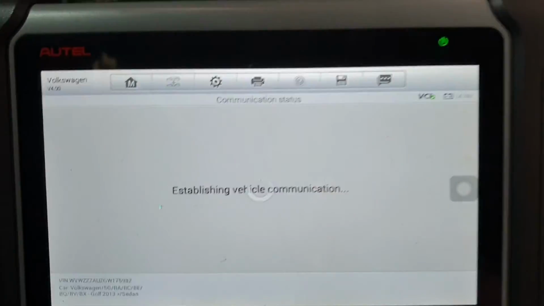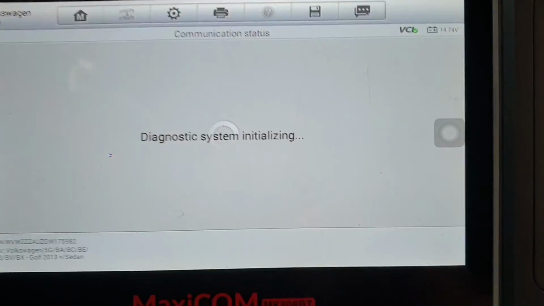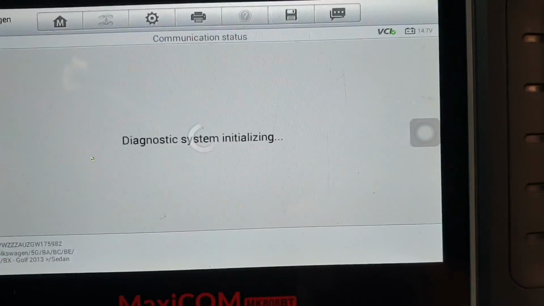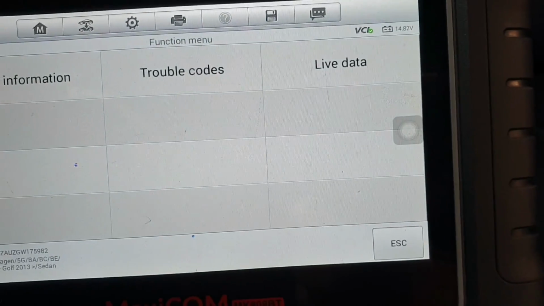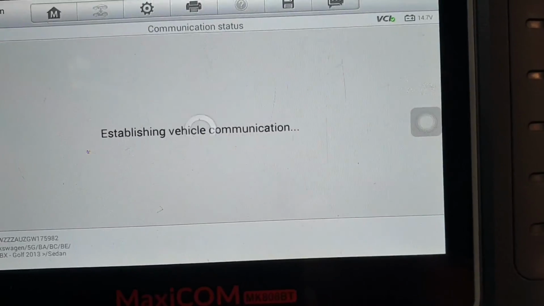I'm going to scan the engine control unit again, and after checking the trouble codes, I'm going to show you the report that I saved when the vehicle first came in.